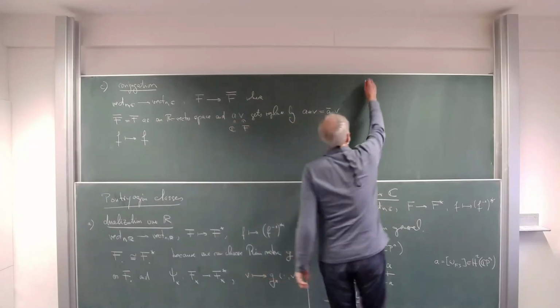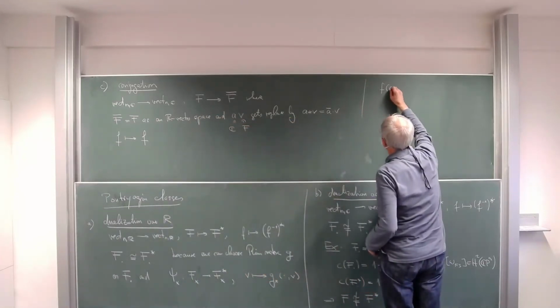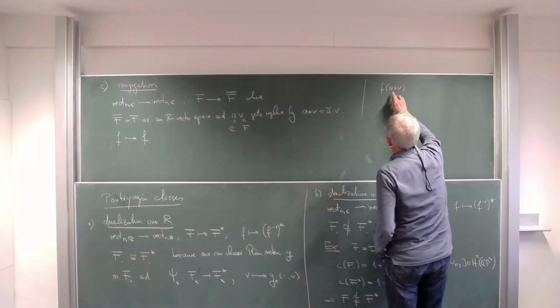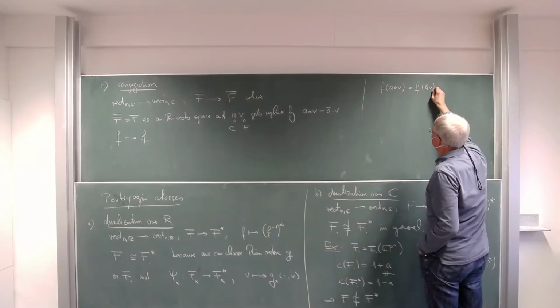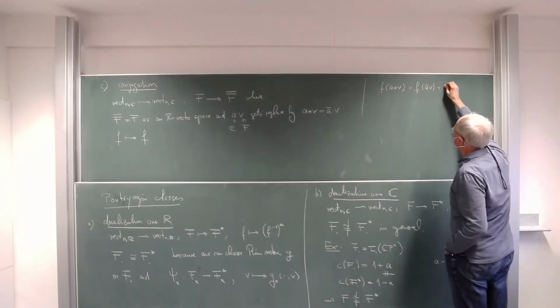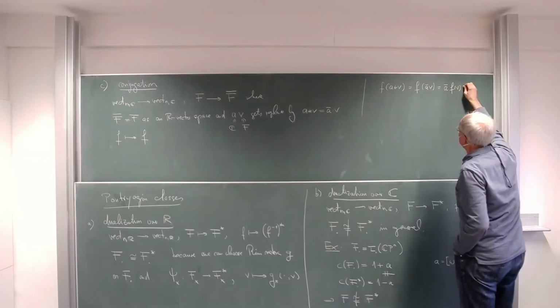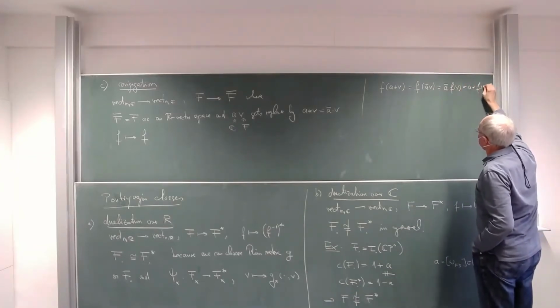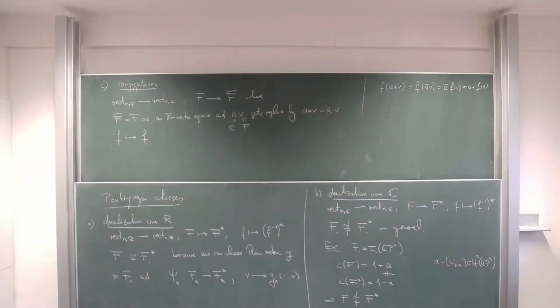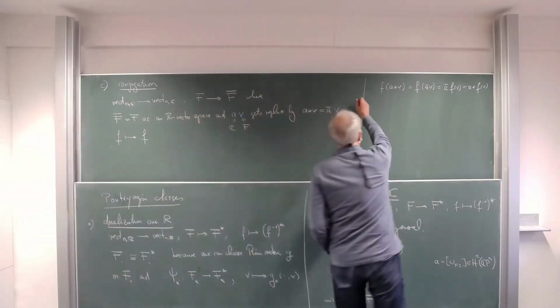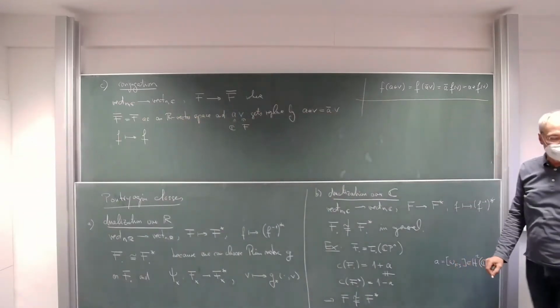Because, see, we have f of A star V. By definition, this is f of A conjugate V. f is linear in the usual sense, so this is A conjugate f of V, which by definition is A star f of V. Right? So if the map is linear for the original, as a map from F to G, then it's also linear as a map from F bar to G bar. Good. Okay, so that's this functor.